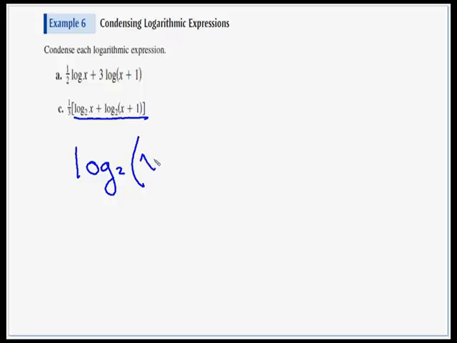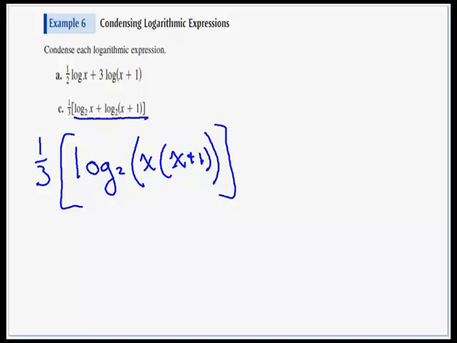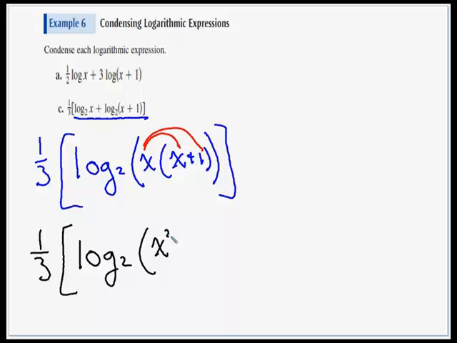So x times the quantity x plus 1. And out front here of the whole thing, we still have our 1/3. Well, we can distribute the x we have in here throughout the second set of parentheses. So we're going to have our 1/3 log base 2 of now x squared plus x.